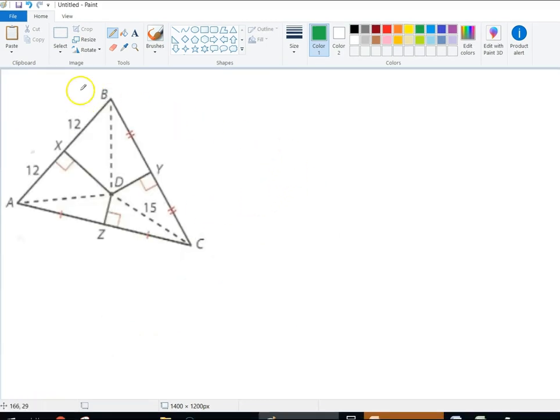Number 18 is part of a series of triangles, and it says to use triangle ABC and triangle PQR for the exercises. 18 refers to ABC, and how do I know that? Well, number 18 says name all the illustrated perpendicular bisectors.